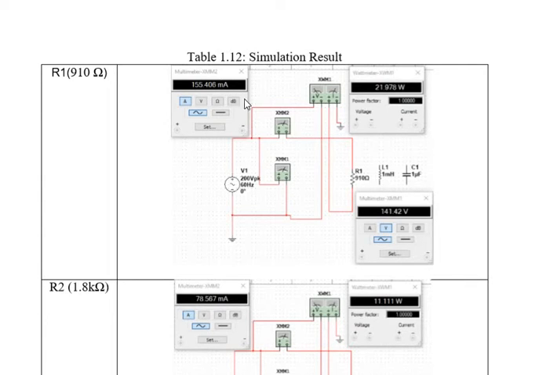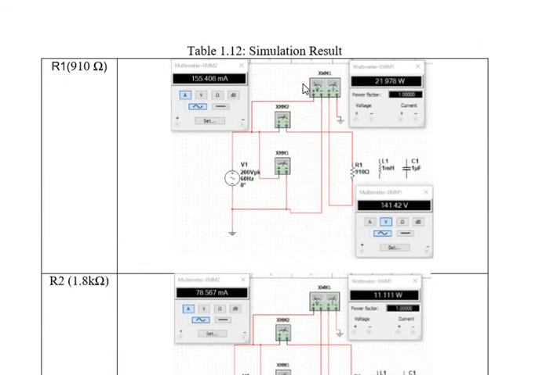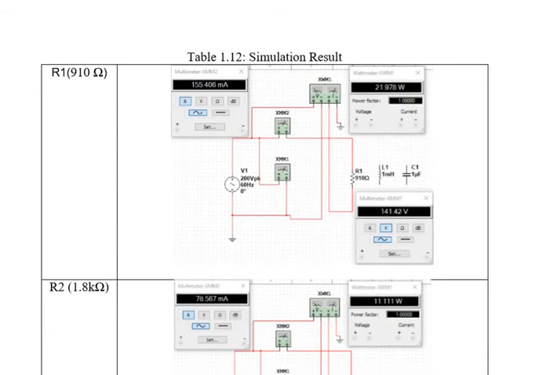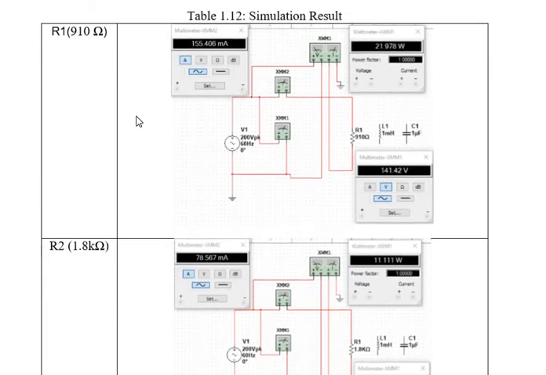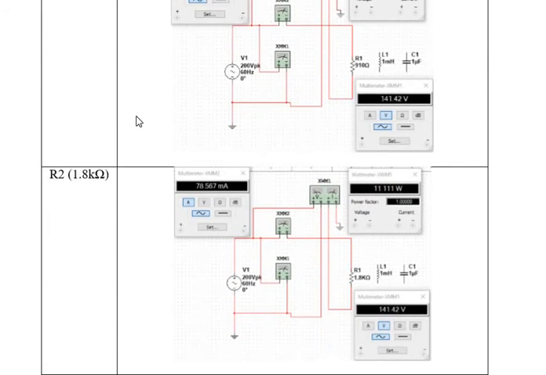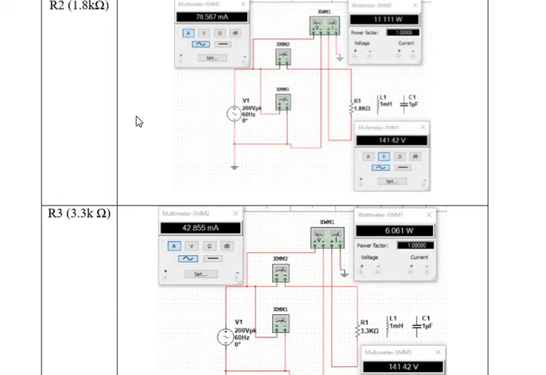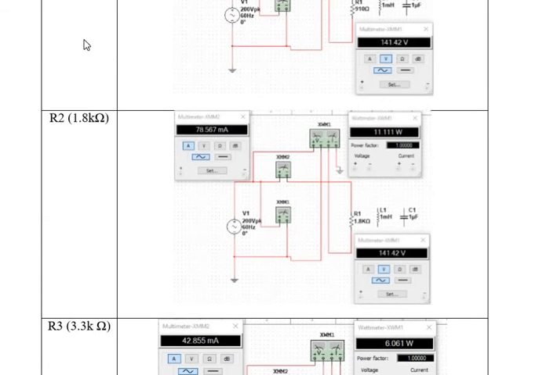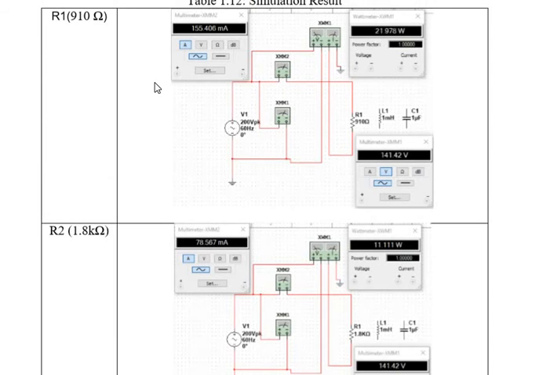Then we get all the current, voltage and power measurement. The simulation is done for R1, R2, which is 1.8K, and R3, which is 3.3 kilo ohm. This is to measure the voltage and the current and also the power of the circuit.